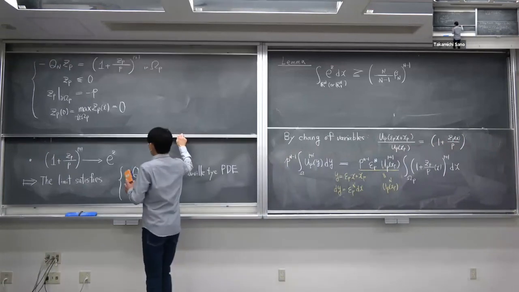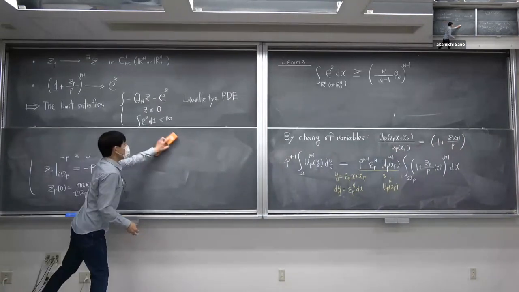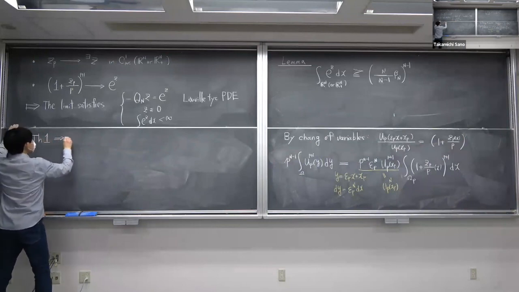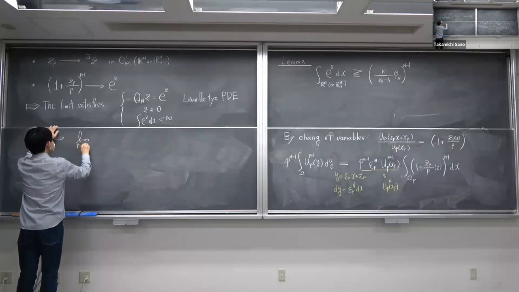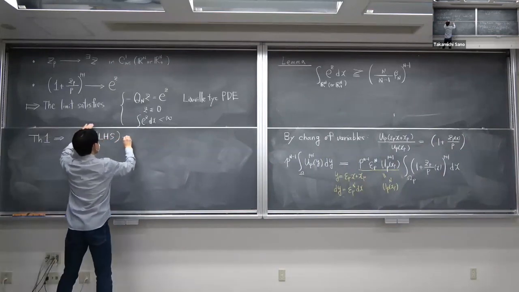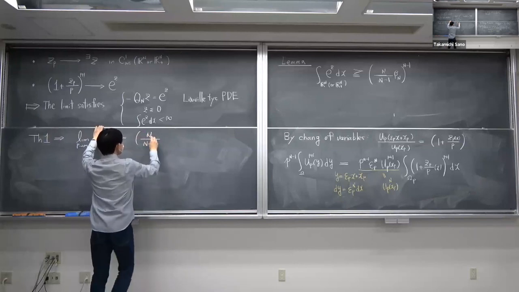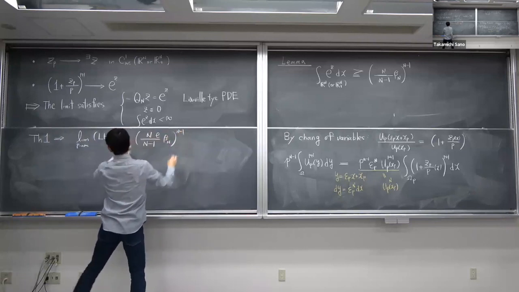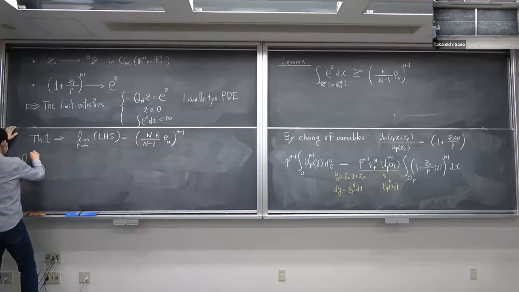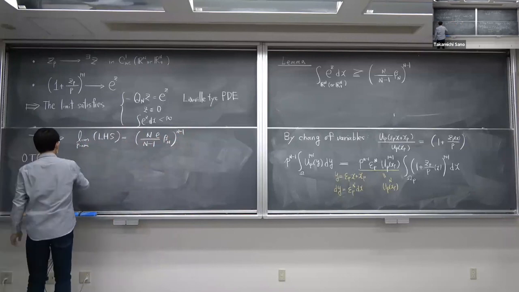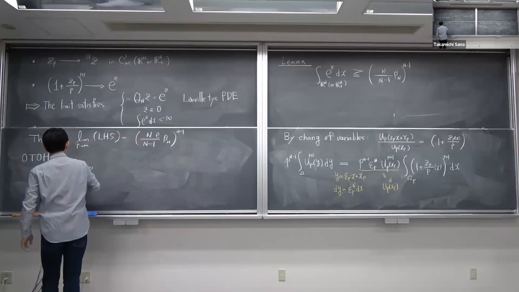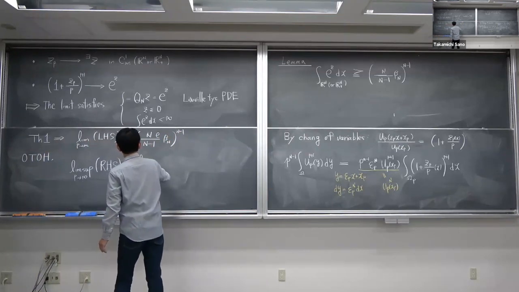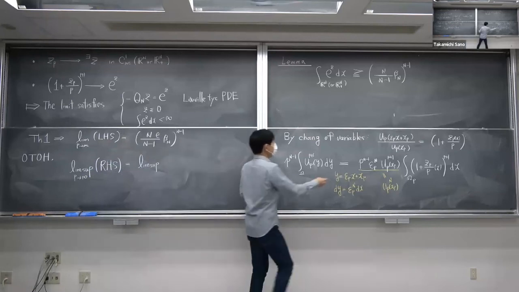And by Theorem 1, the left-hand side goes to n/(n-1) e β_n^(n-1). On the other hand, the limsup of the right-hand side is equal to the limsup of u_p(x_p), the L infinity norm of u_p.